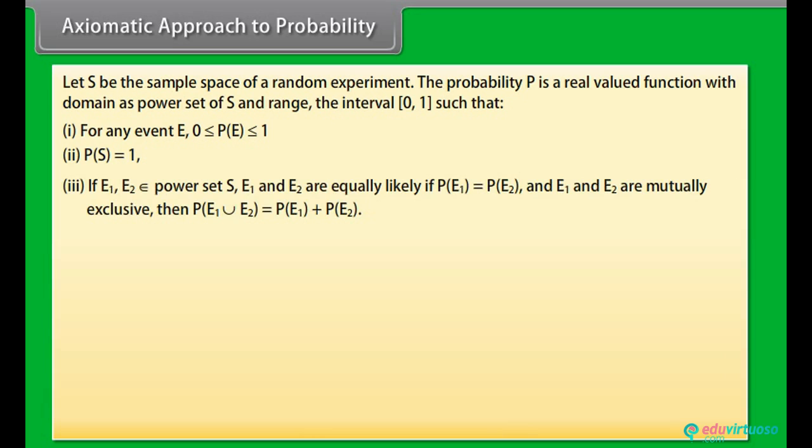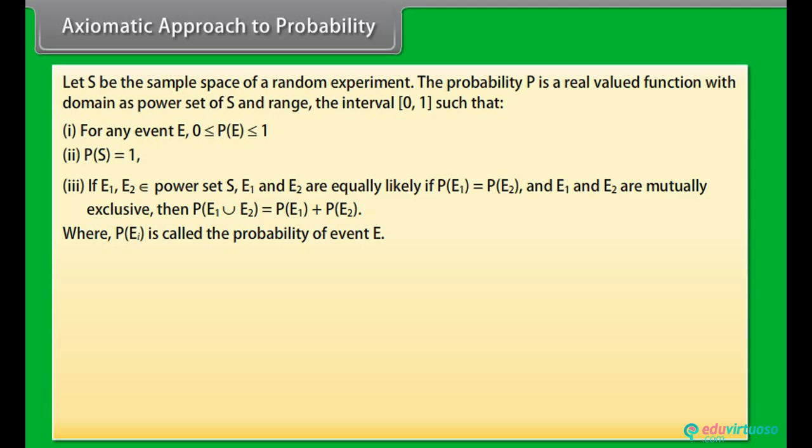If E1, E2 belong to the power set of S, E1 and E2 are equally likely if P(E1) = P(E2), and if E1 and E2 are mutually exclusive, then P(E1 union E2) = P(E1) + P(E2), where P(Ei) is called the probability of event E.